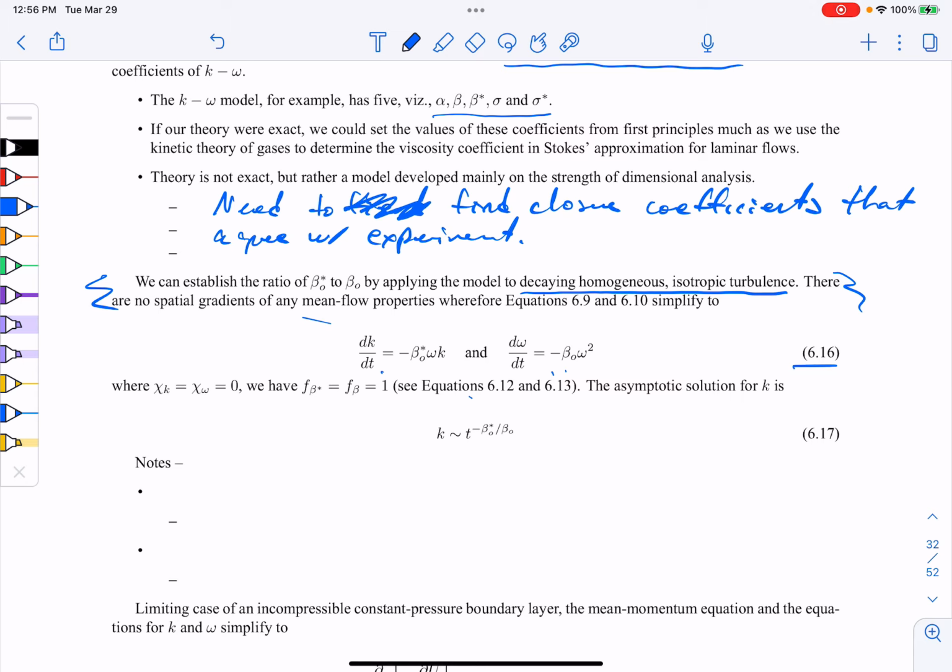And you see now I have K, I have omega, and I have unknown coefficients beta naught and beta naught star. Also, these other relations have gone to 0, so I have F beta star and F beta equal to 1. And it turns out that this little system of equations for homogeneous isotropic turbulence will have a closed form solution that obeys K goes as time to the negative beta naught star over beta.